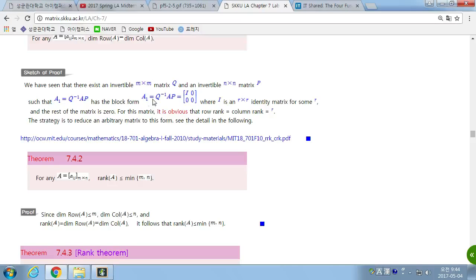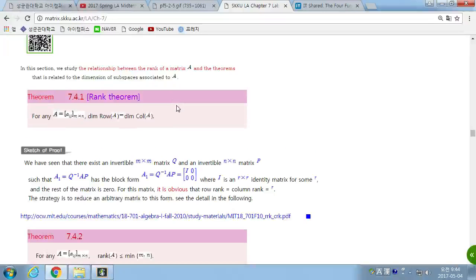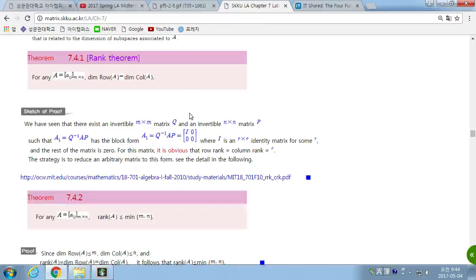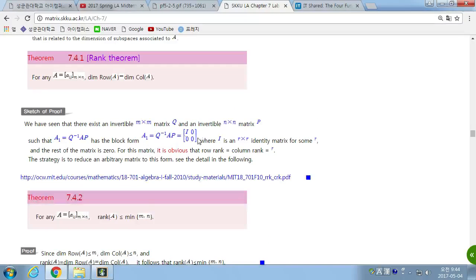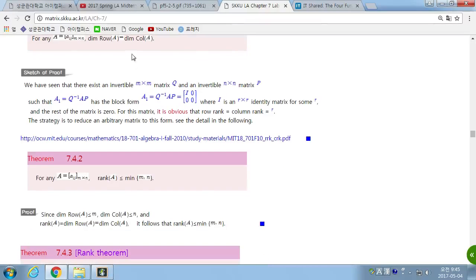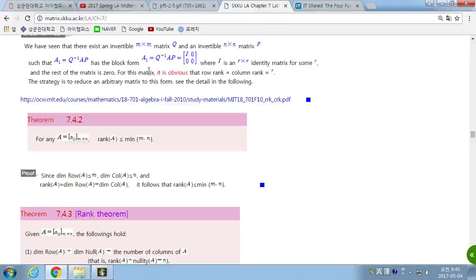The rank of A1 is R, so the rank of A should be R. Anyway, from this observation, we can observe the row rank and column rank are the same.